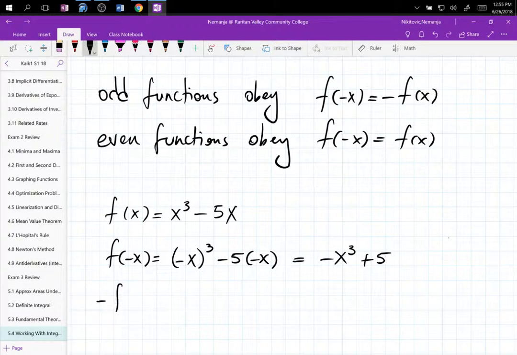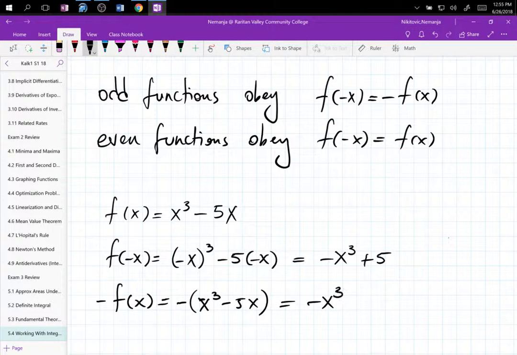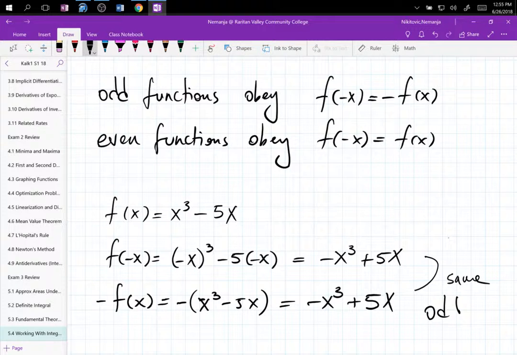And if you compute negative f of x, you will have the same answer. You see that? Oops, I forgot the x's on there. So you get the same, which means odd. There we go.